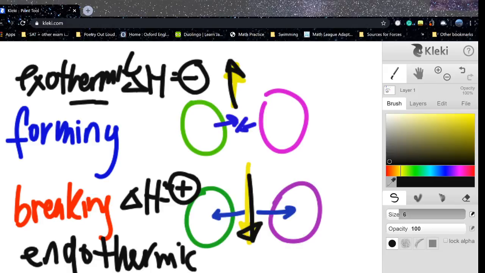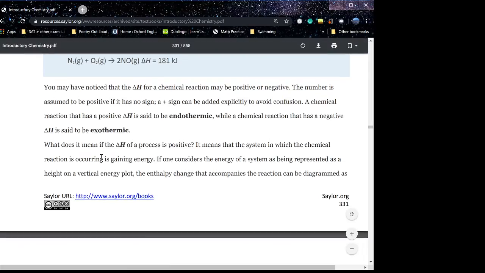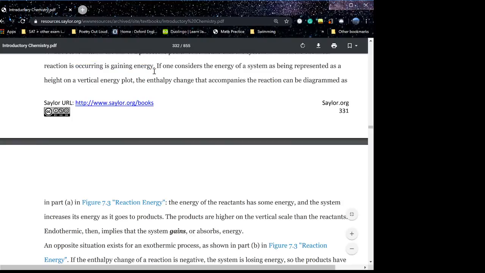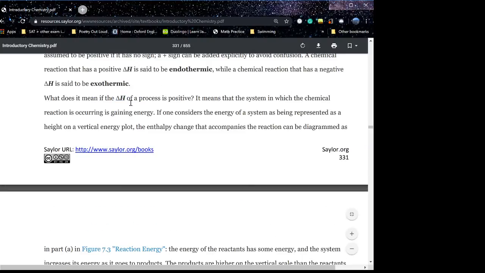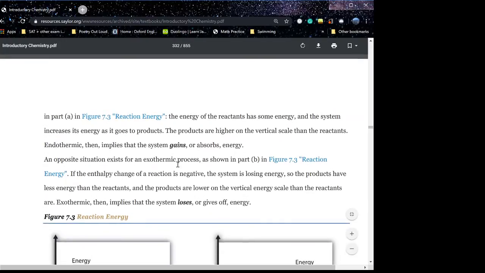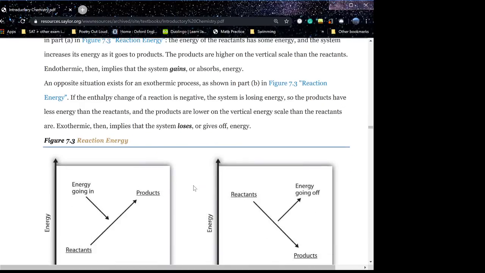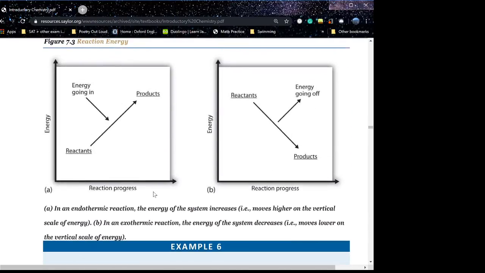Alright, so let's go back. Okay, so yes, it's gaining energy if delta H of a process is positive. And if delta H is negative, it loses energy. Yep, we got it. So the textbook presents a pretty simplified graph of how this would look. So we have energy on our y-axis and reaction progress on our x-axis. So when you go from reactant to product, if you add energy, the products will have a higher energy level than the reactants.